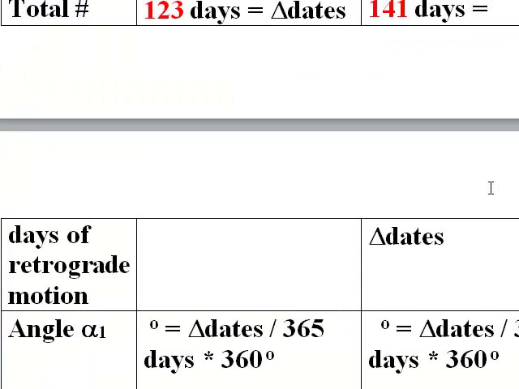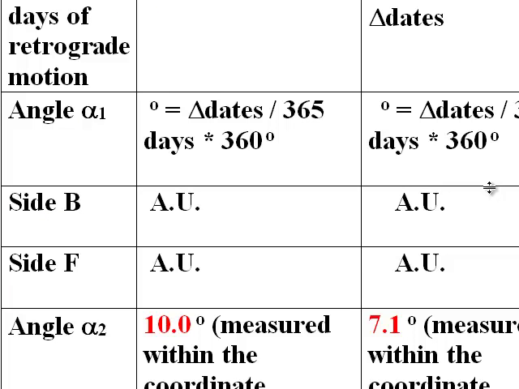Okay, then I'll scroll a little down here, and we're going to calculate the data in just a moment for Jupiter. This is the other thing that I measured. I also did that in that astronomy software, 10.0 degrees from one end of its retrograde motion to the other end.